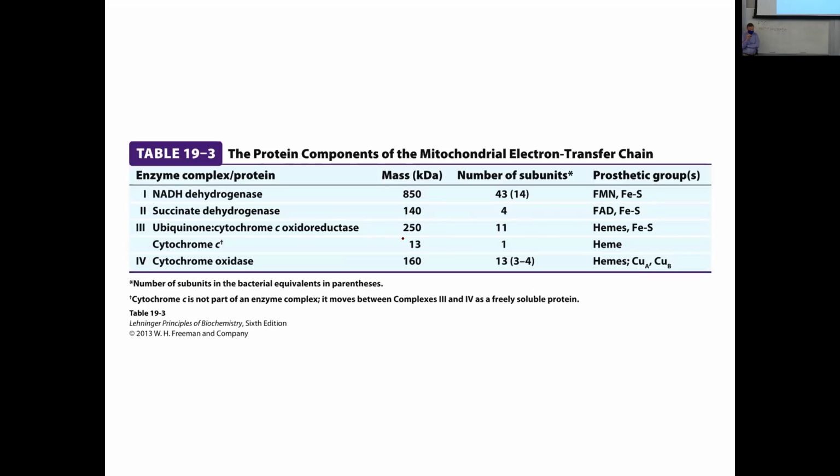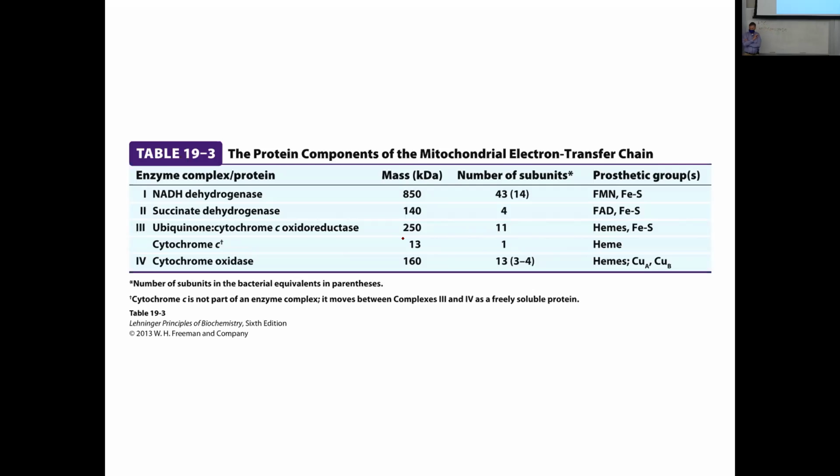In this case now, the electrons are passed to a molecule called cytochrome C, which is present in the liquid between the outer and inner membrane of the mitochondria. And this cytochrome C will carry 1 electron at a time from complex 3 to complex 4.